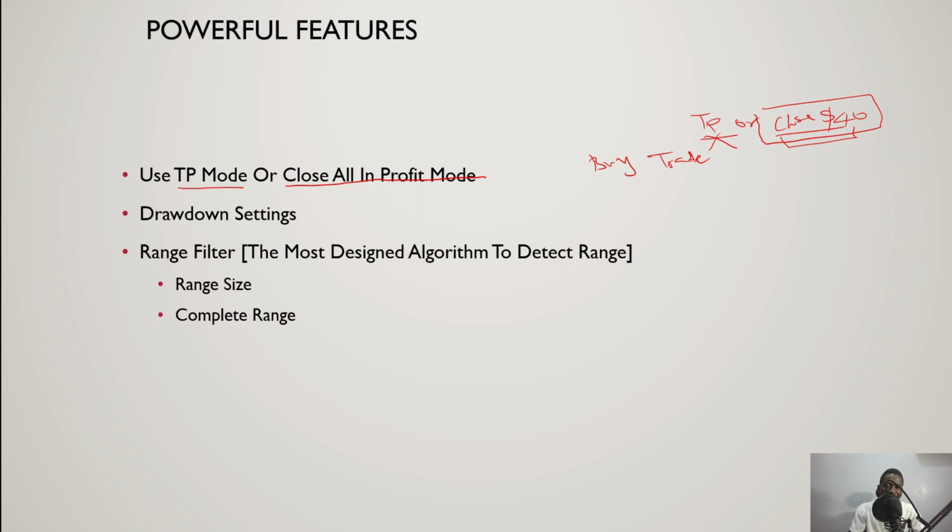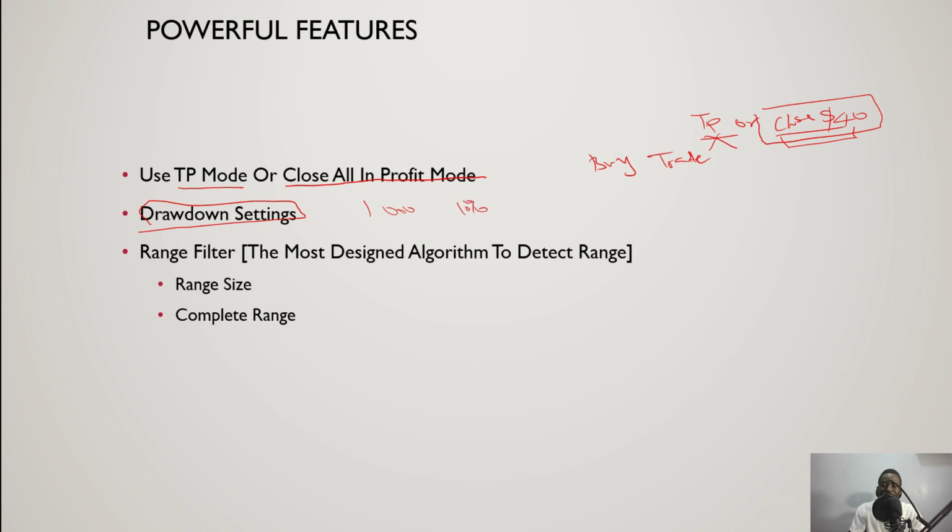Now, let's talk about the drawdown settings too. The drawdown settings make it possible for you not to crash your account, because there are a lot of traders that dislike crashing their account many times, and the only way not to crash your account is if you have drawdown settings. So let's assume you have a capital of 1000 USD and you have a drawdown of 10%.